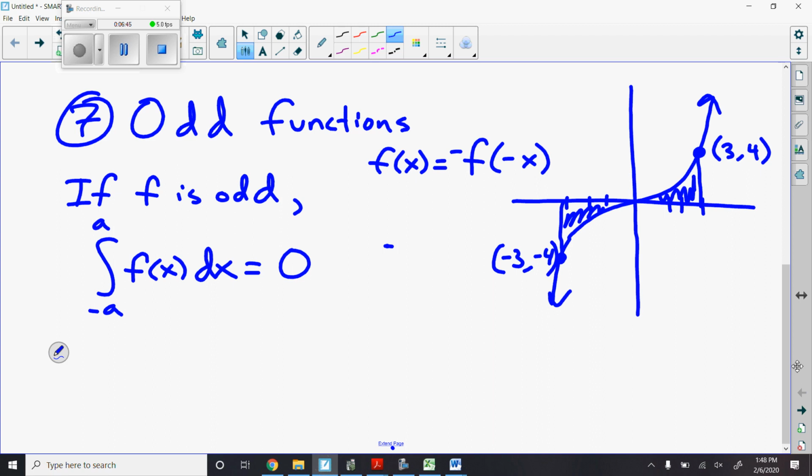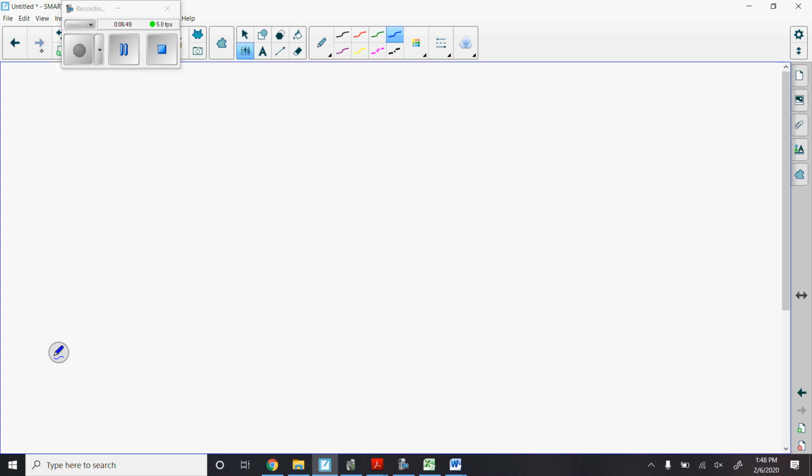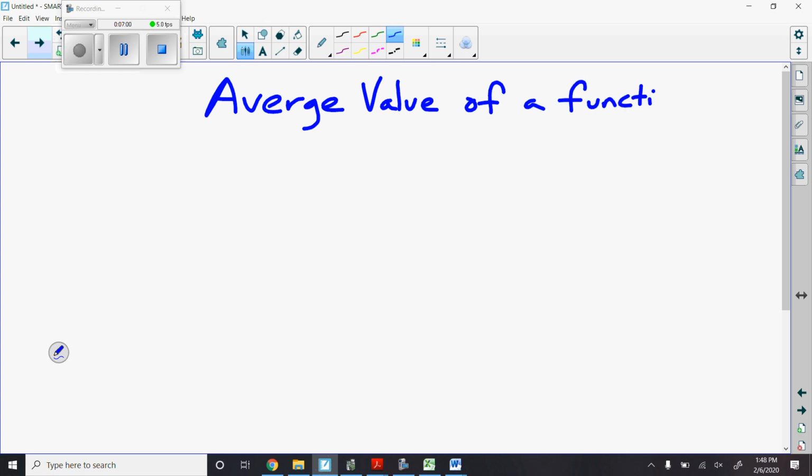Okay, so let's get to the new thing for today, average value of a function. Okay. So I'm just going to give you the formula of this.